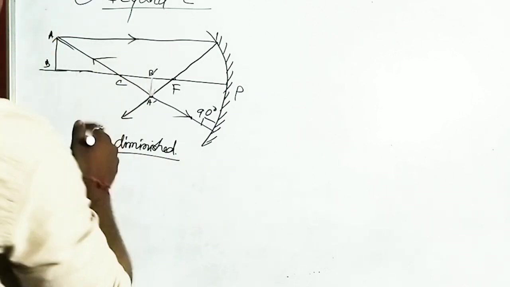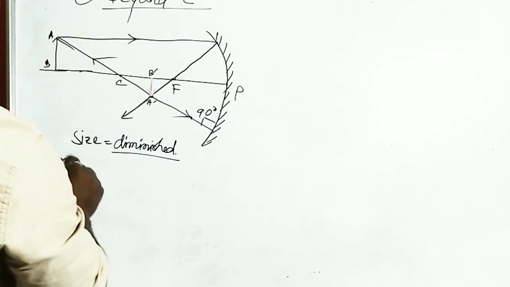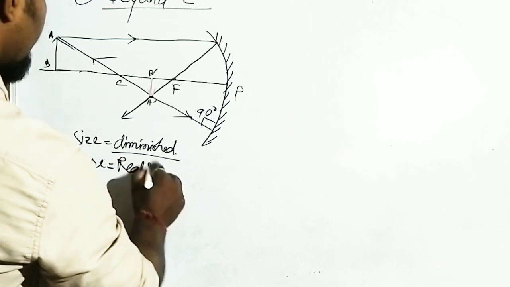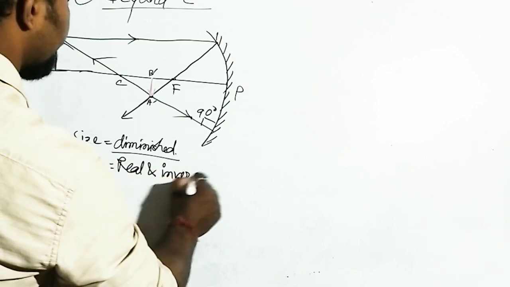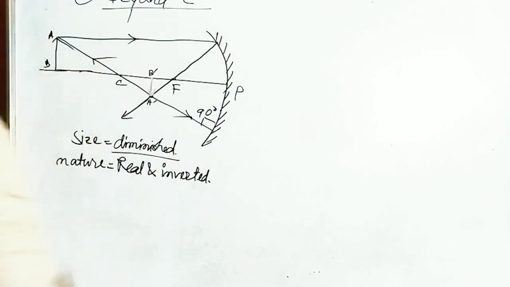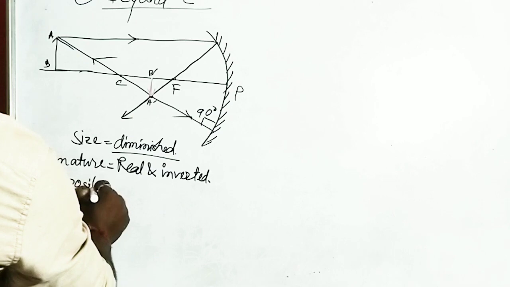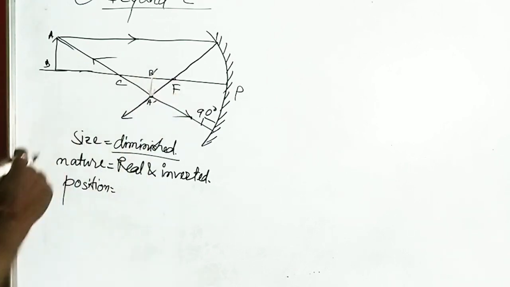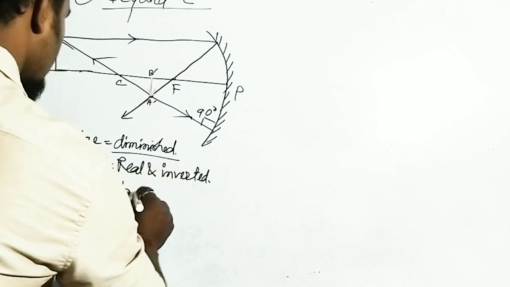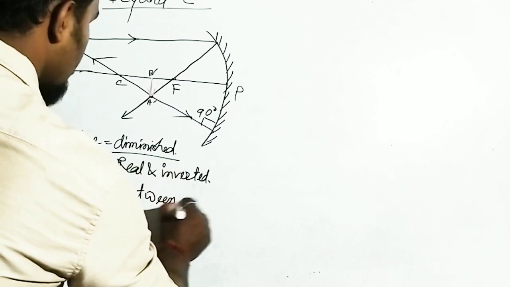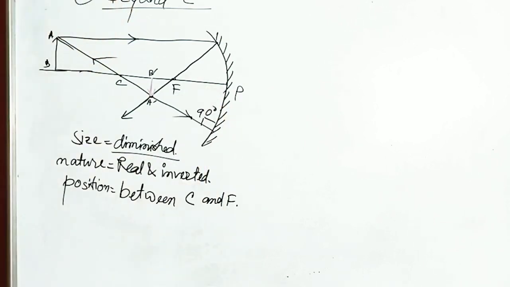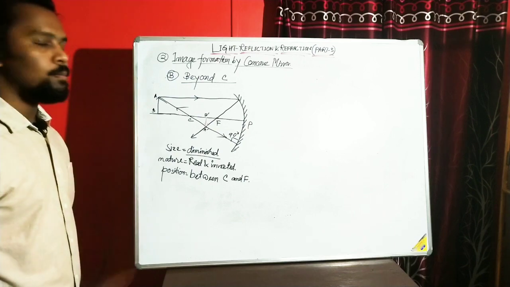Now the nature of the image: real and inverted, because it is happening in the real world. Position: where it is forming, between C and F. Simply write between C and F. If you want to draw it, just pause the video and draw it.